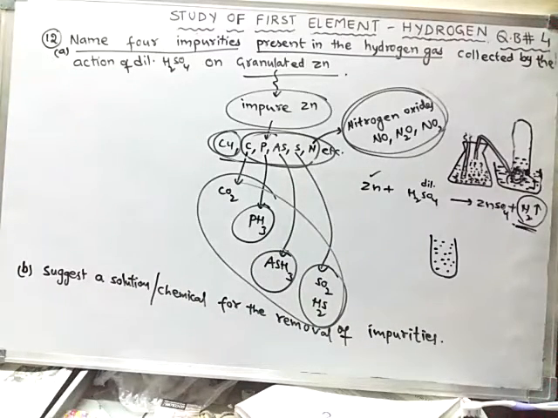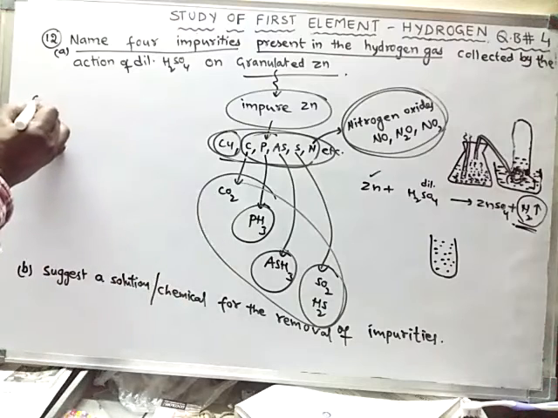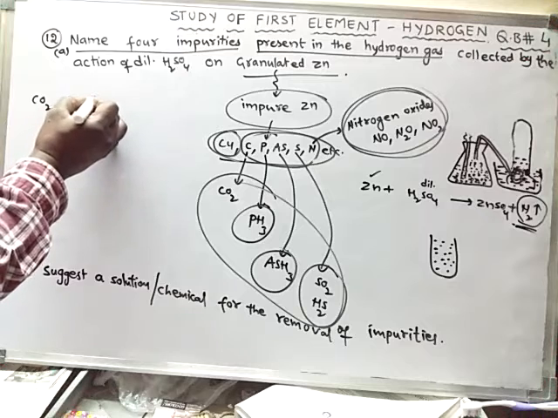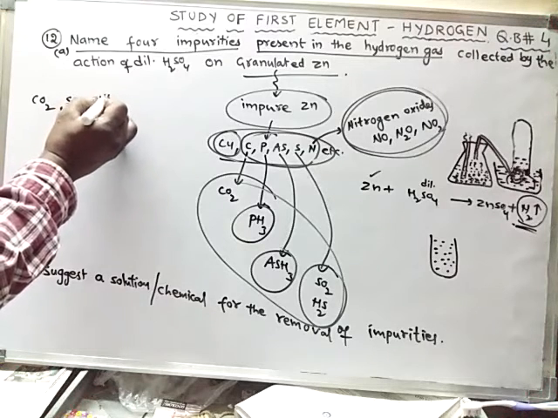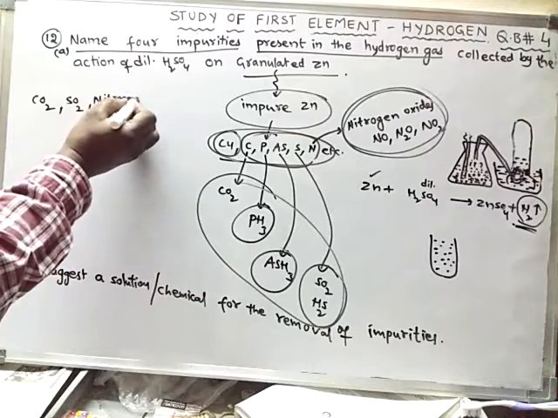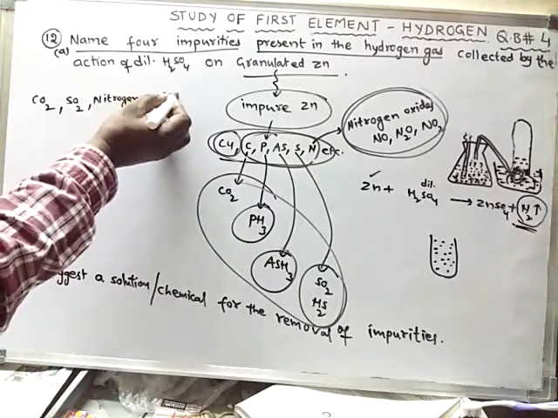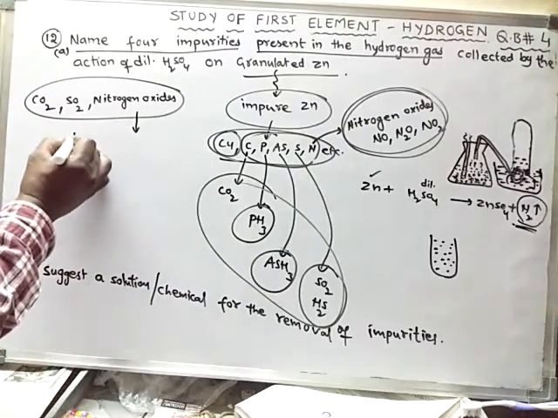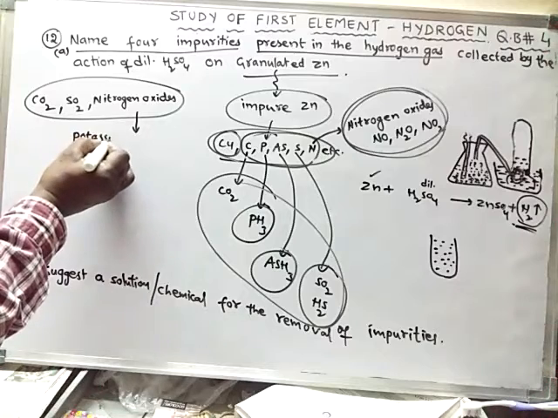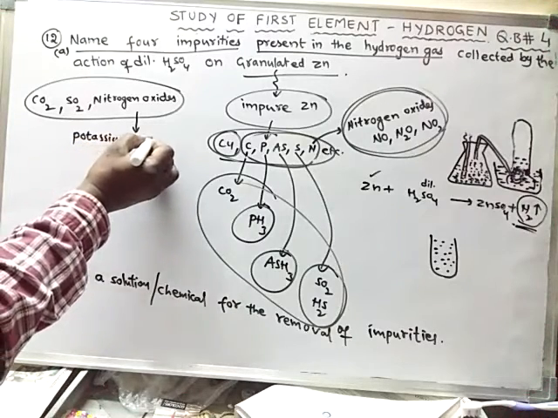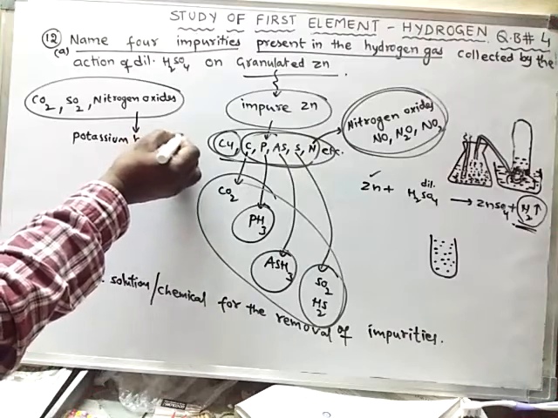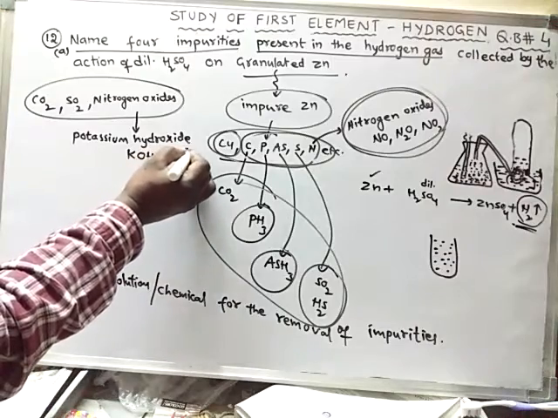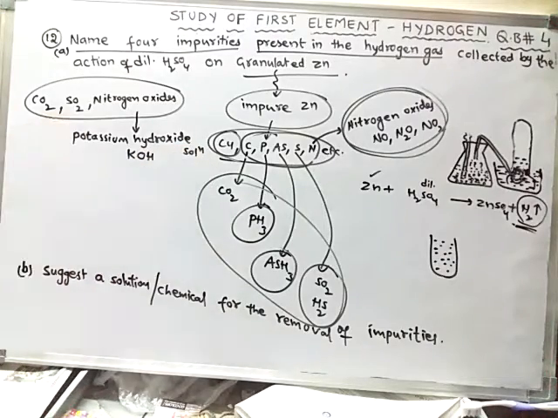Okay. Now this carbon dioxide gas, sulfur dioxide gas or oxides of nitrogen can be removed by a solution known as potassium hydroxide. So potassium hydroxide solution can remove these gases.